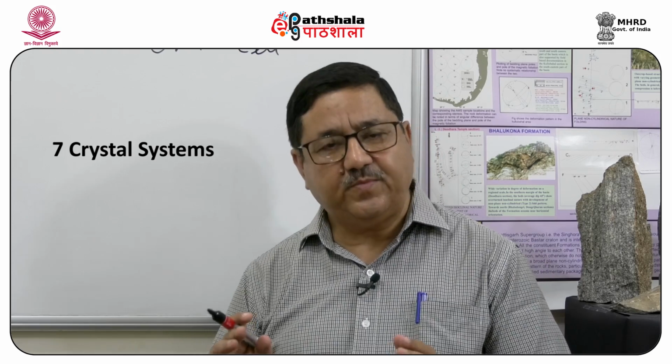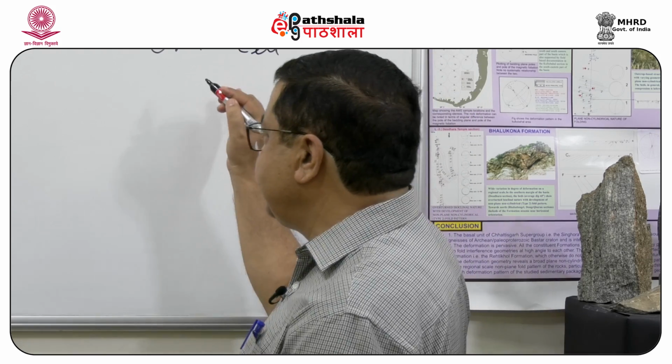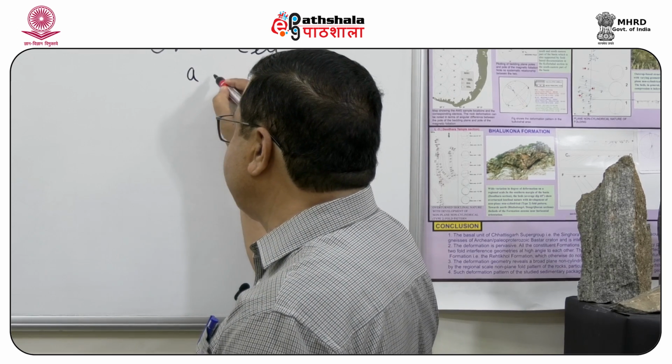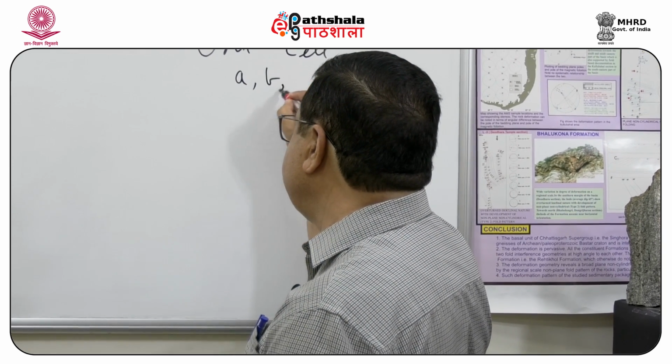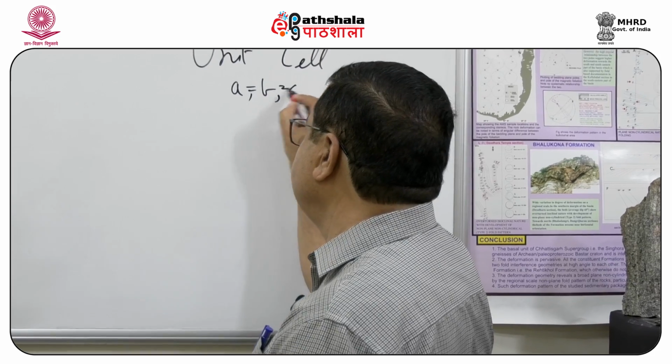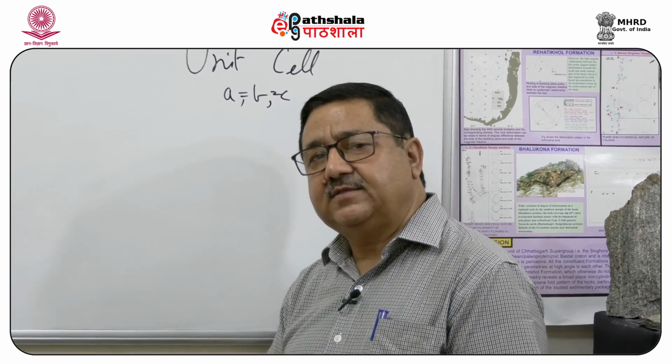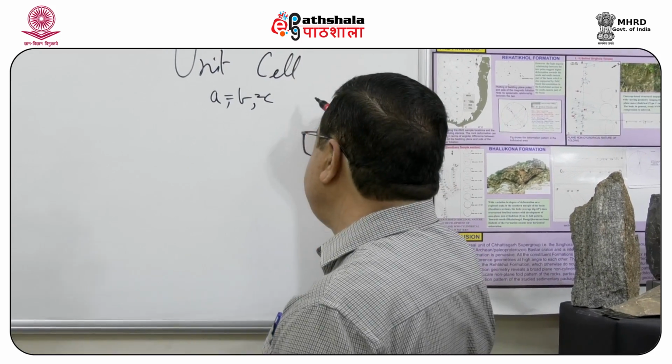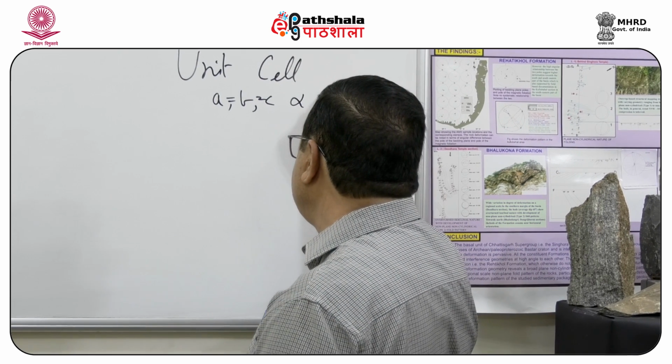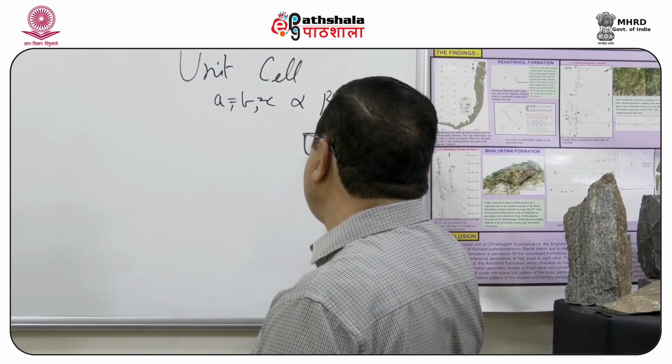These include the cubic or isometric system, in which the 3 axes, which we can name A, B and C, are equal, and the 3 angles, which we can name alpha, beta, gamma.